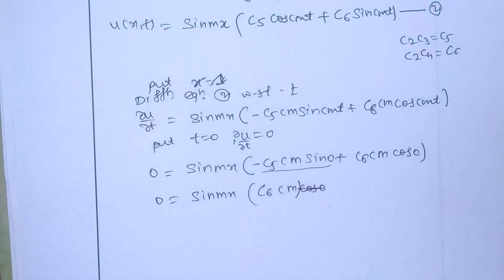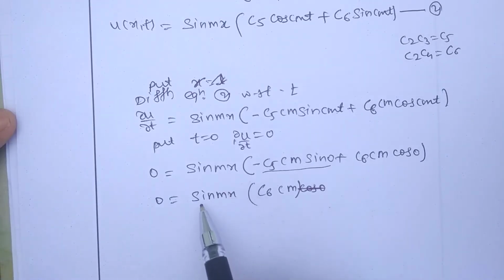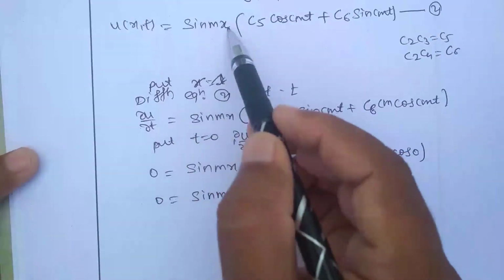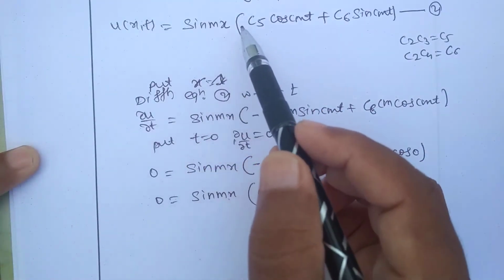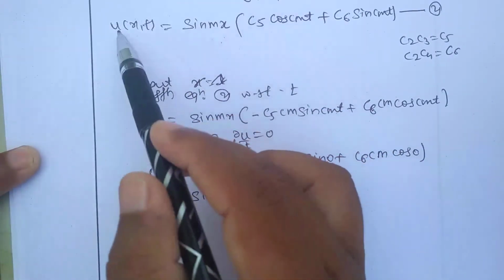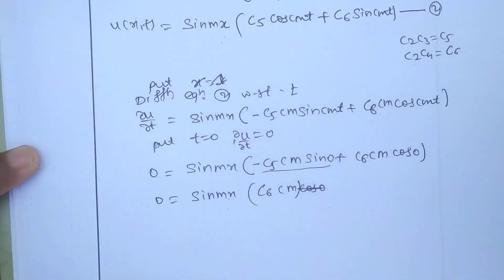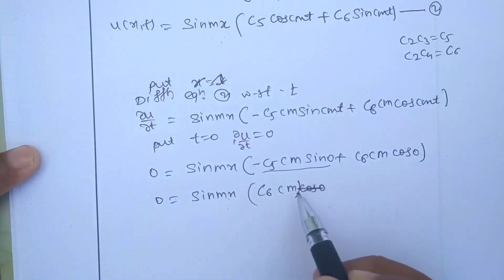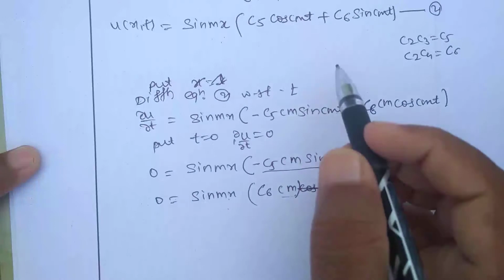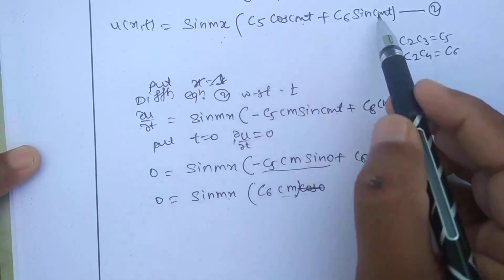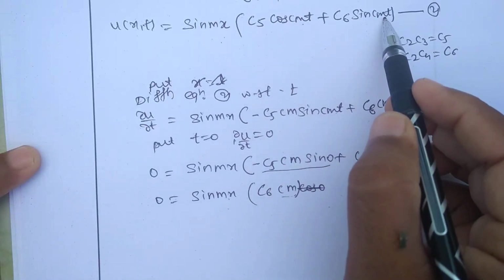So see, now which term is 0? Here sin mx is present in equation number 2. We can't take sin mx as 0. If you take sin mx as 0, then the whole u of x comma t becomes 0. Now cm is present here and here in the functions of sin and cos.